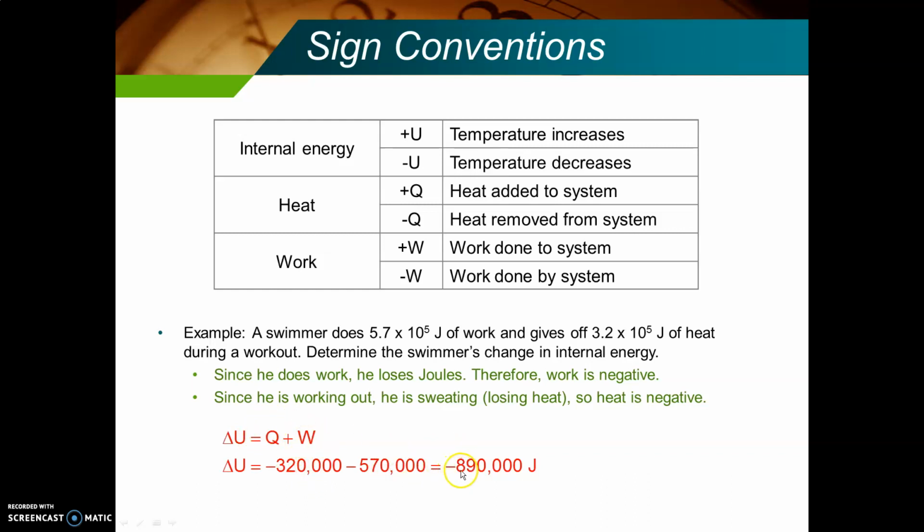And I can show that my swimmer guy, at the end of his workout, lost energy. He lost energy due to sweating and to the joules that he had to spend to swim. At the end of his workout, he is down 890,000 some joules. So that kind of makes sense. And hopefully this example and these sign conventions will help you with a couple of the problems on your homework.